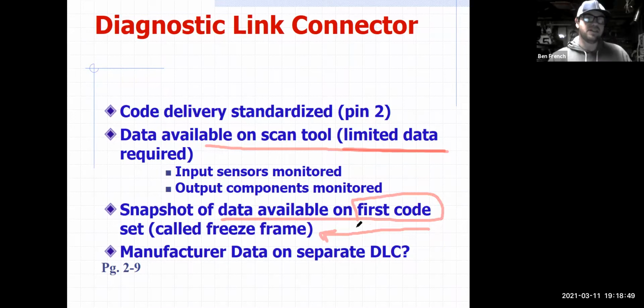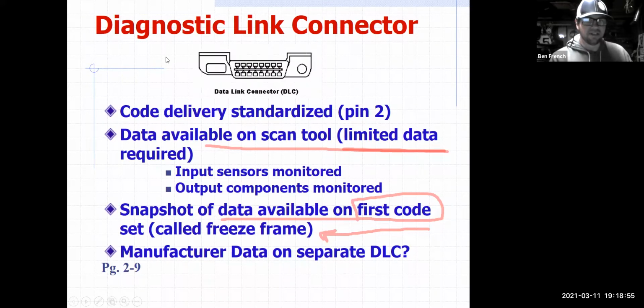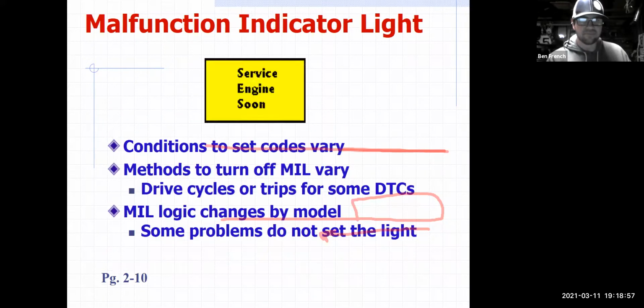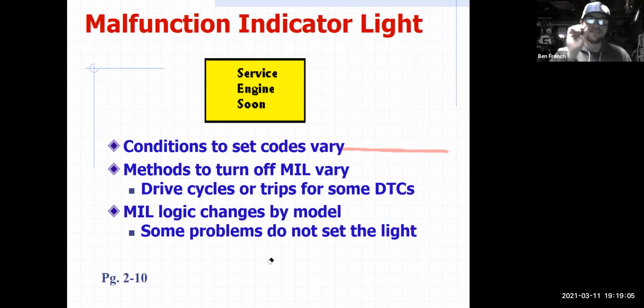So what that means is if my check engine light came on, right, service engine soon, or malfunction indicator lamp, as we would call it with our OBD2 terminology, if that light comes on, one, hey, a code is set.